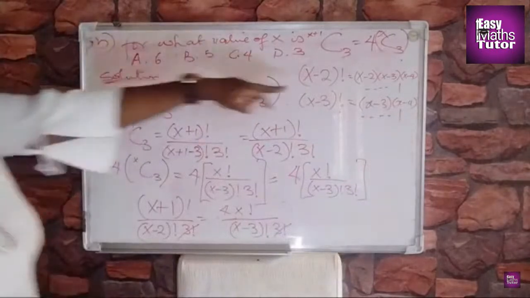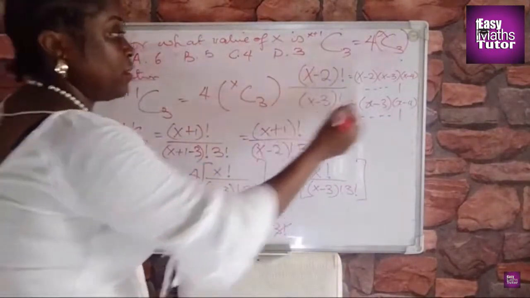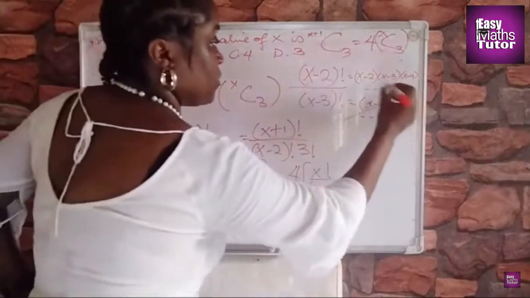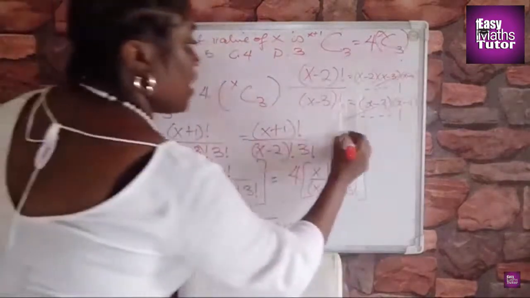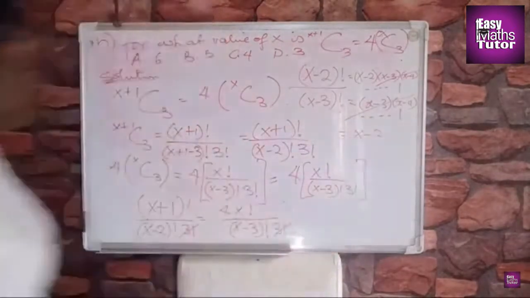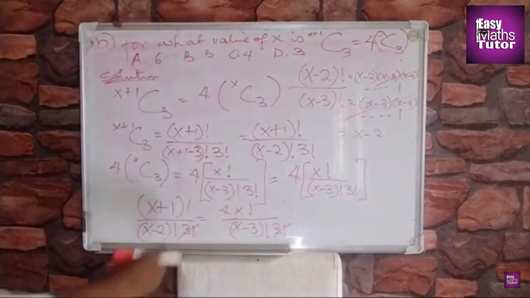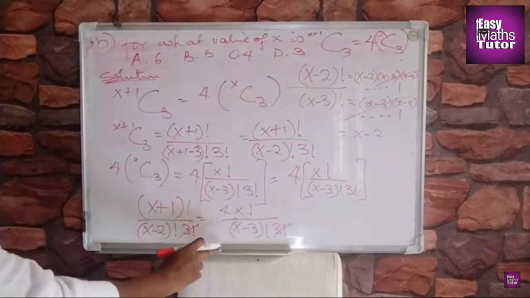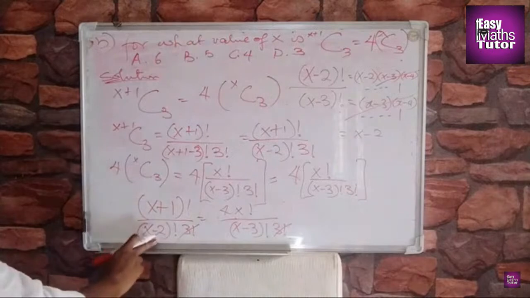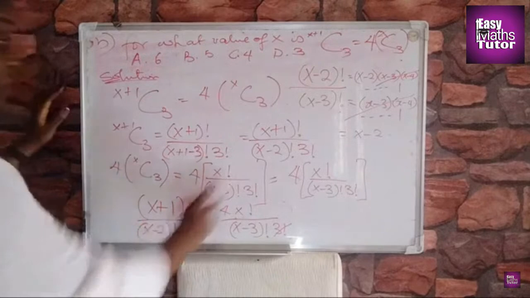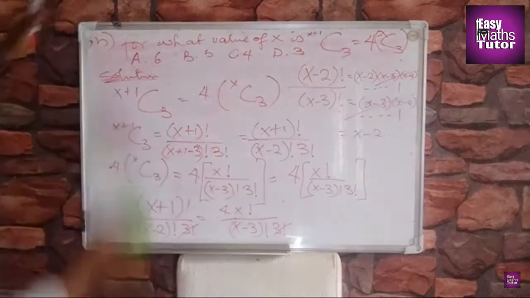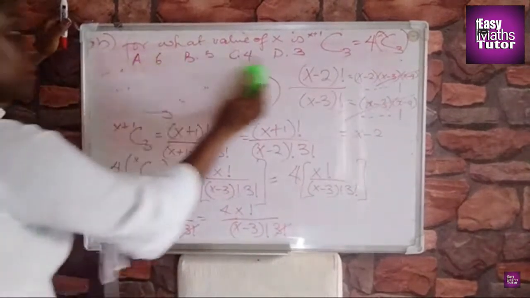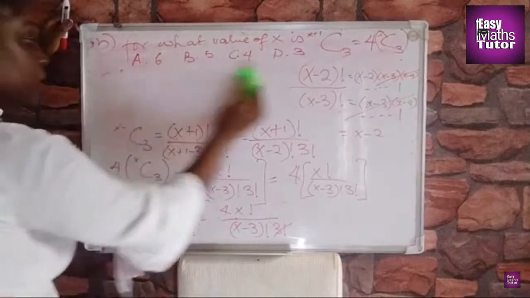If these two are dividing each other, this will cancel this, so the answer will be x minus 2. Imagine if this went up and this came down. I have to clean this part once again.